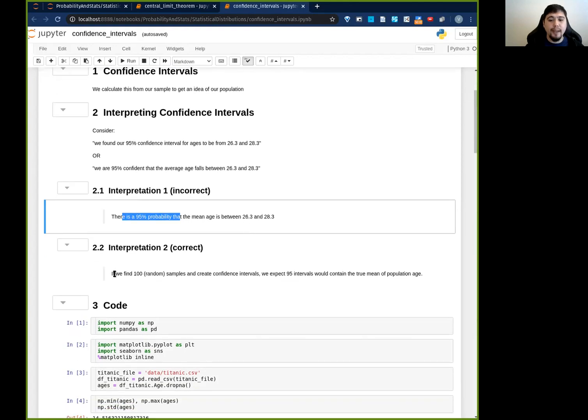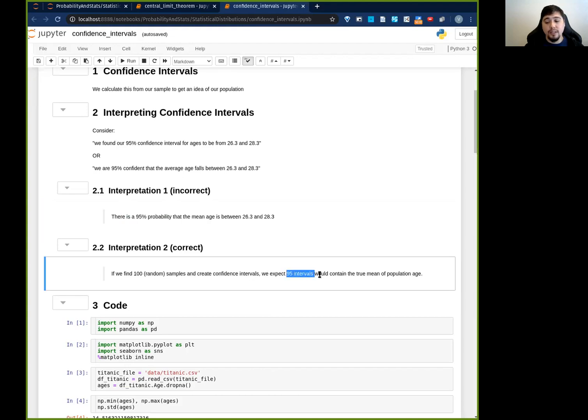The correct interpretation is that if we take, let's say, 100 random samples and create confidence intervals, we expect 95 intervals to contain the true mean of the population. So when we say, here is our sample mean and here's our confidence interval, we are saying that if we were to repeat this process, 95% of those intervals would contain the true population mean.